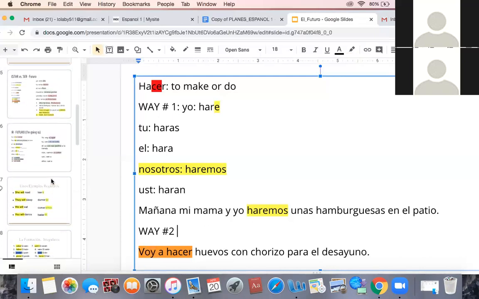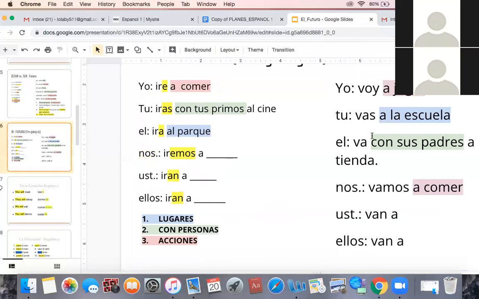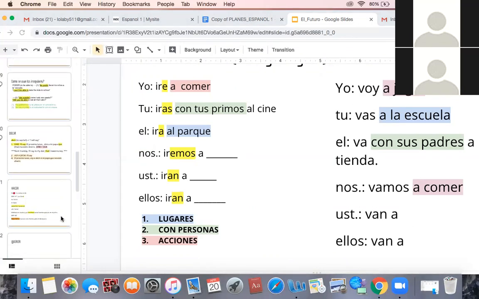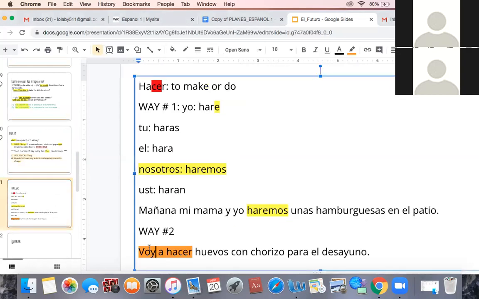Here it is, right? Yo voy. Tú vas. Él va. Nosotros vamos. Ustedes van. Here are the conjugations for voy. So, if you make this voy, that means I'm going to make, or I'm gonna make.